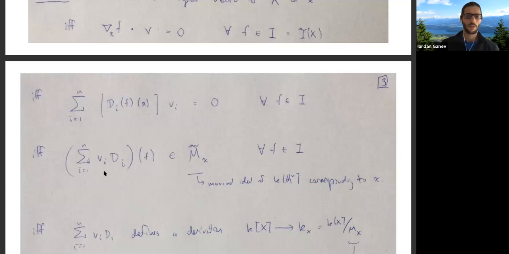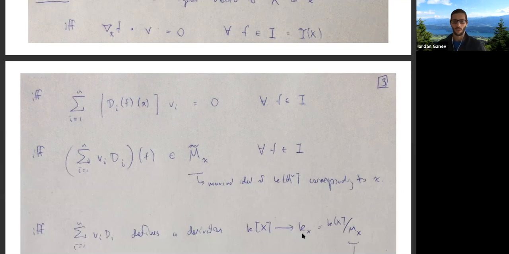But we know that it kills any f that belongs to the ideal, so it factors through. Actually, sorry, let me rephrase that. We have this derivation landing in k[A^n], and we can apply the quotient map and land in k_x.